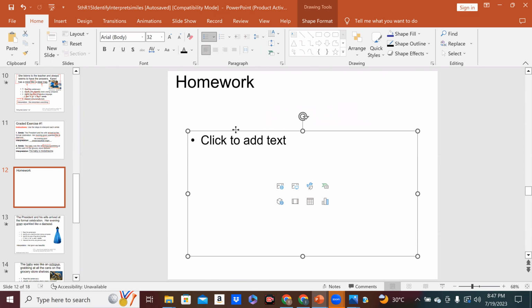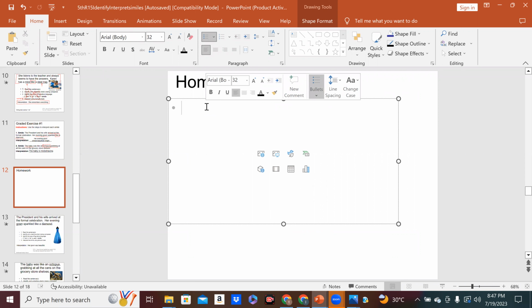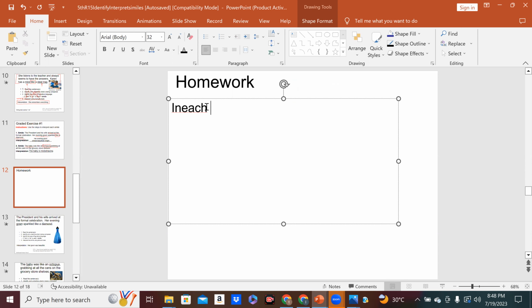All right, so in each case, interpret the simile given.